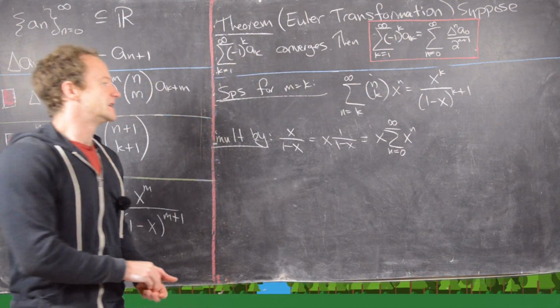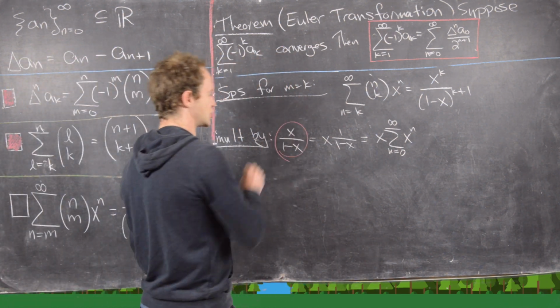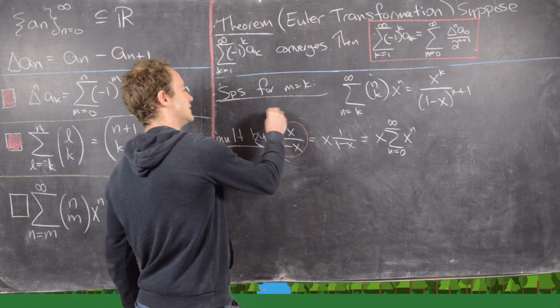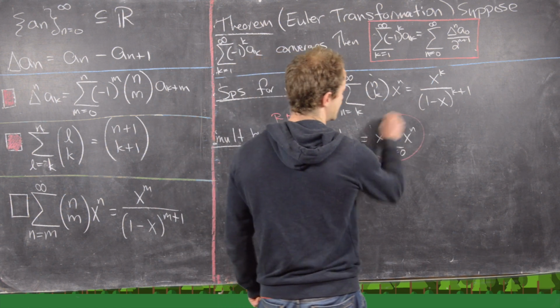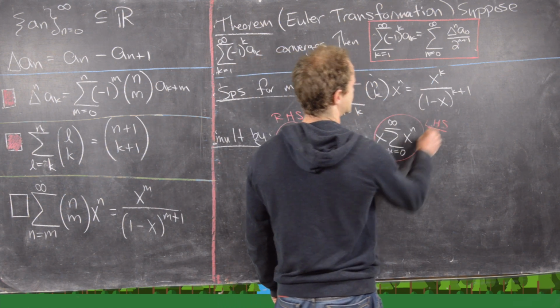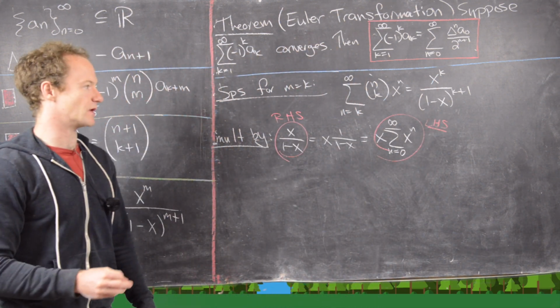So now we're going to take this version and multiply it to the right-hand side of this equation, and we're going to multiply it to the left-hand side of this equation.